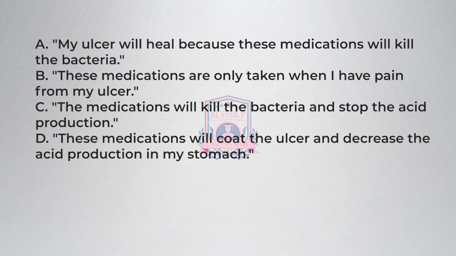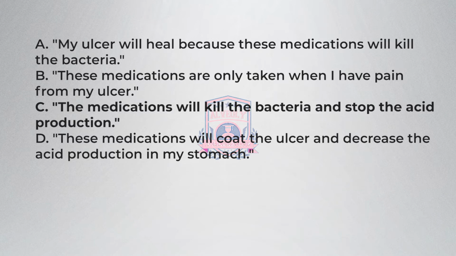B. These medications are only taken when I have pain from my ulcer. C. The medications will kill the bacteria and stop the acid production. D. These medications will coat the ulcer and decrease the acid production in my stomach. Correct answer is C. The medications will kill the bacteria and stop the acid production.